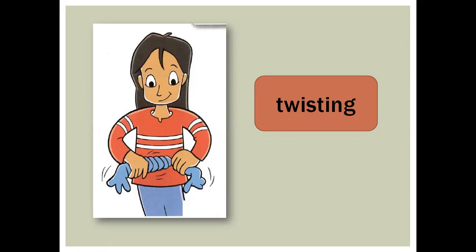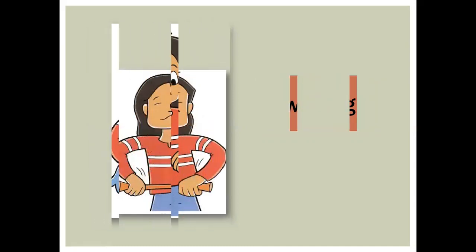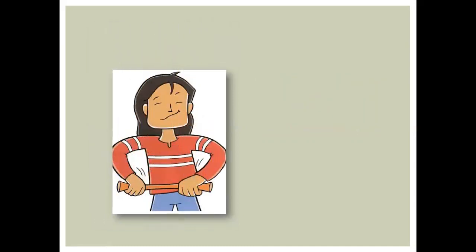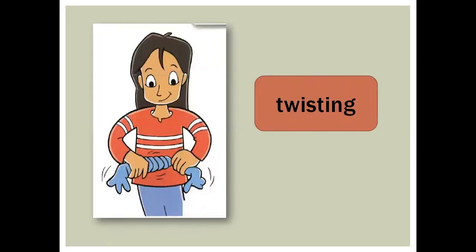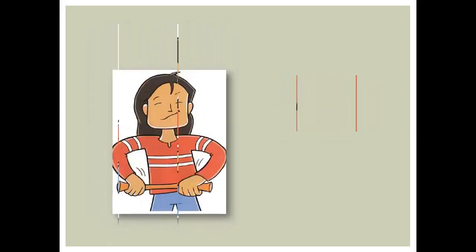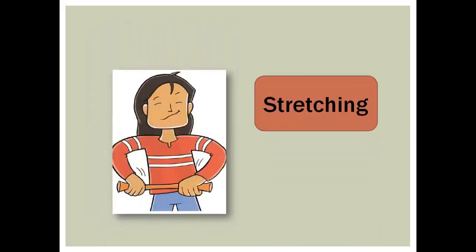Or we can say she wants to dry the towel if it is wet. So she is twisting it so that all the water inside the towel is dried out.